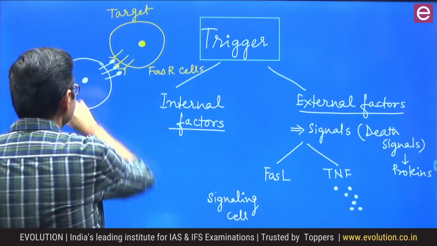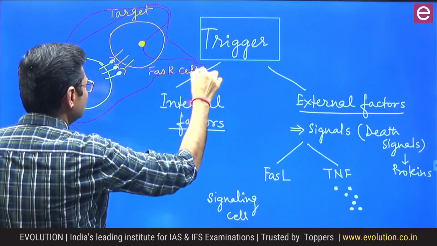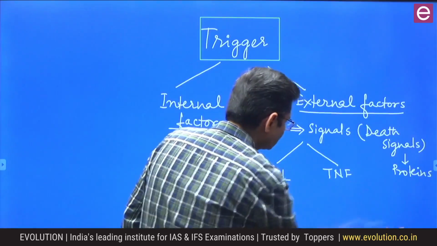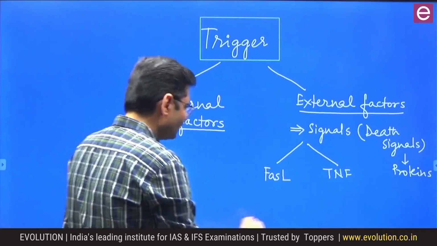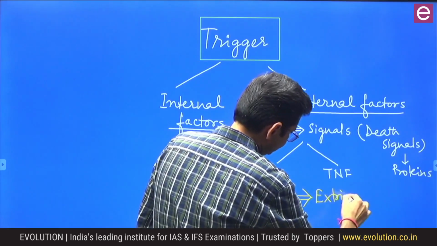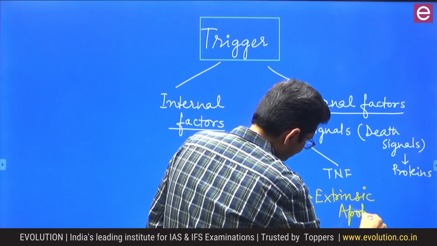So when external factors control it, then we call it extrinsic apoptosis.